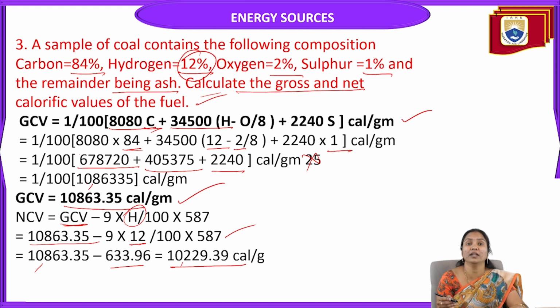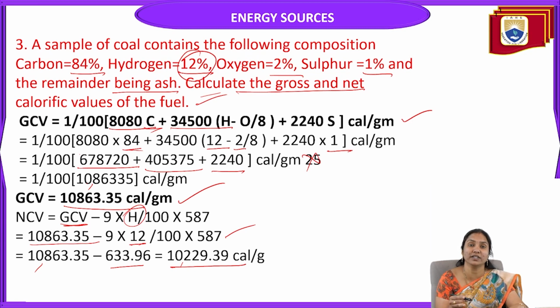In all these cases we observe that net calorific value is lower than high calorific value, because in high calorific value we consider how much heat is liberated when a unit mass of fuel is burning, and also that the combustion products are cooled to room temperature. That's why this value is higher than net calorific value. But in net calorific value, we consider only the heat liberated when one unit mass of fuel is burning.